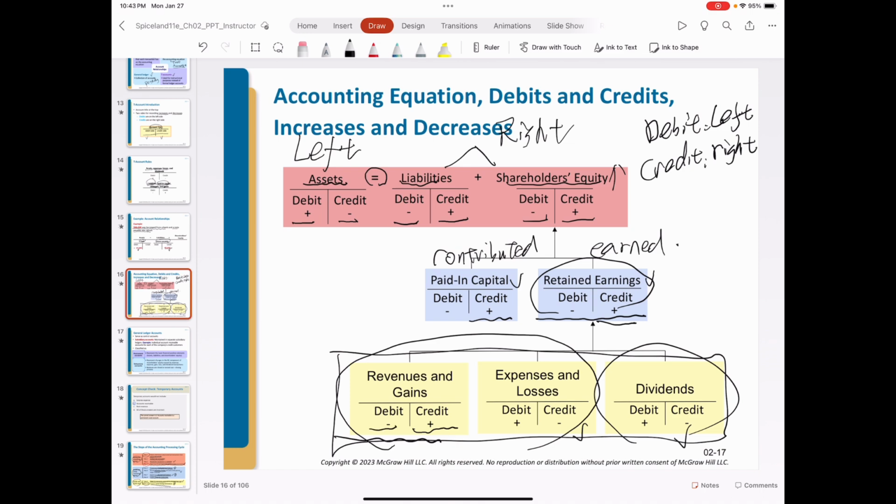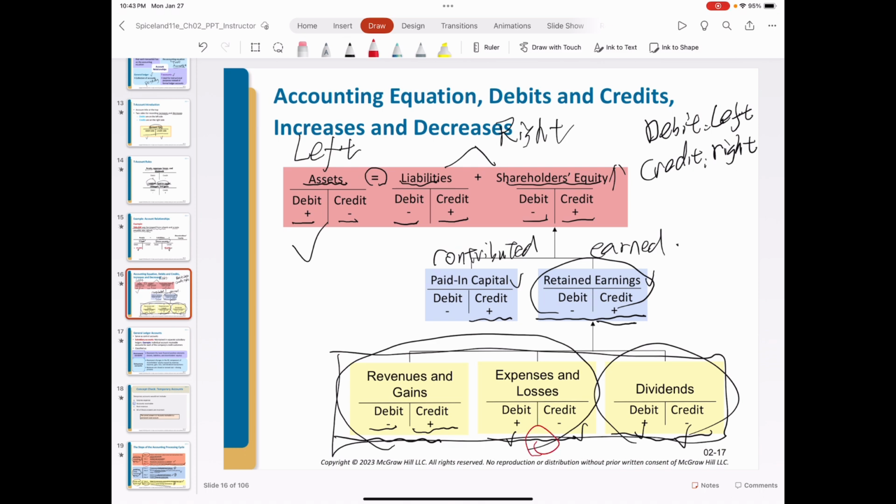Conversely, expenses and losses are debit accounts, the same as asset accounts. When the firm recognizes expenses and losses, that means they increase, and we will debit these accounts. When the firm declares or pays dividends, we will debit dividends.